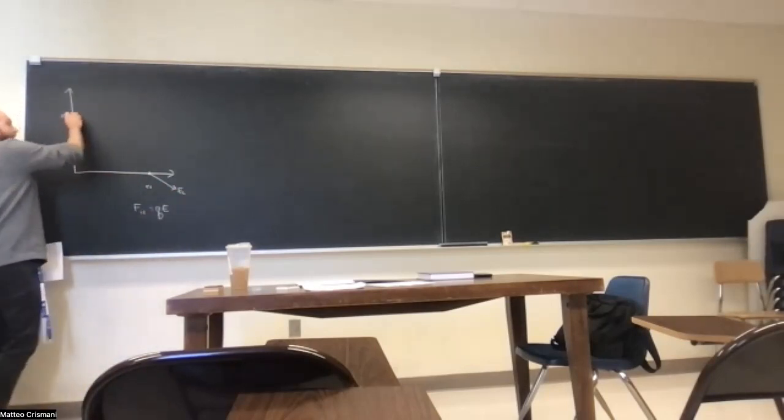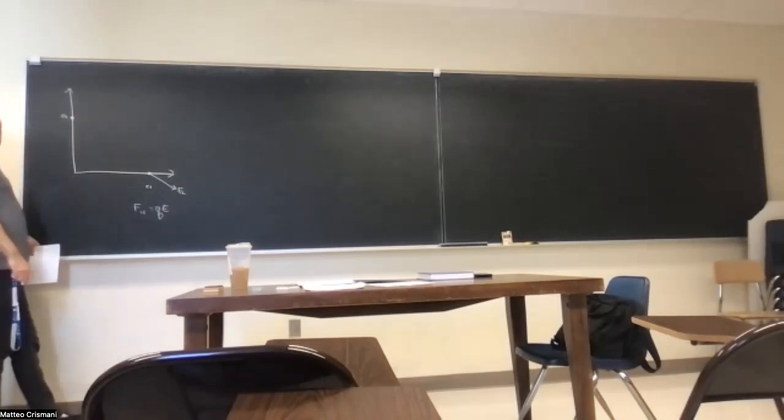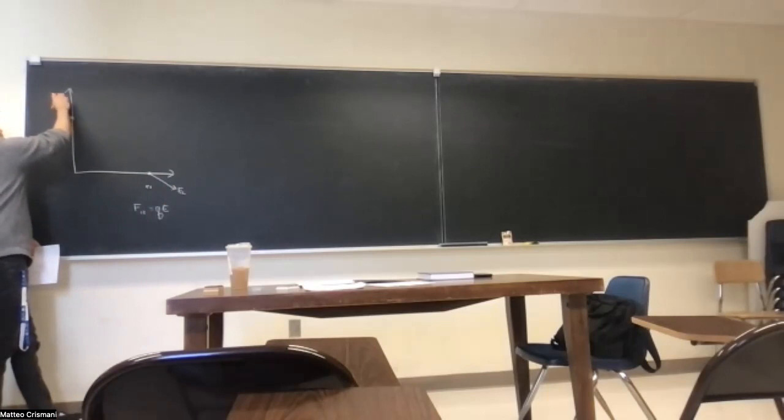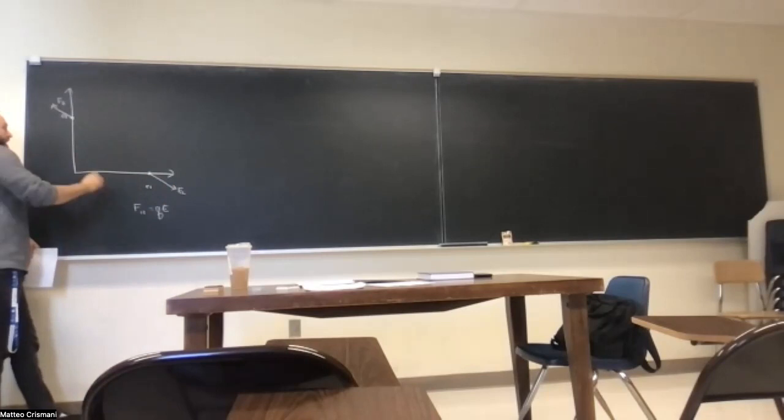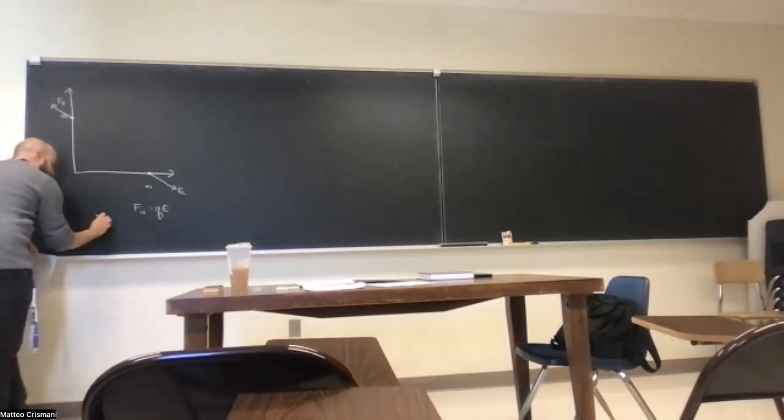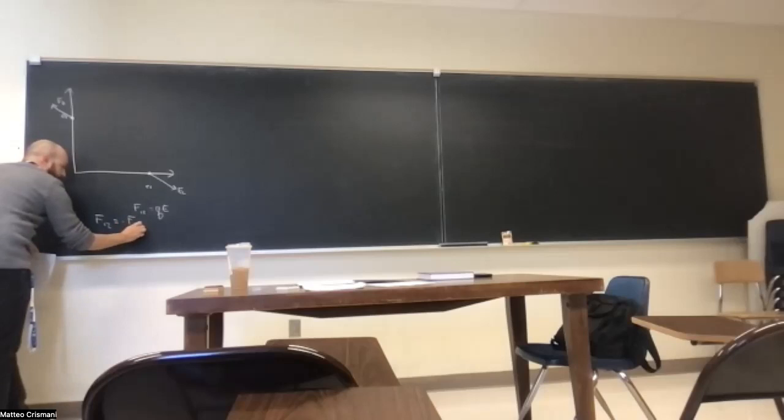And for E2, what do we have? The opposite. So here, perfectly drawn, this is F2,1. So then I can say something very simply: F1,2 is equal and opposite to F2,1, as long as we're just talking about the electric force.